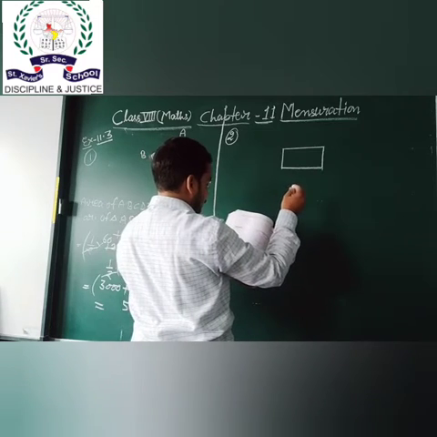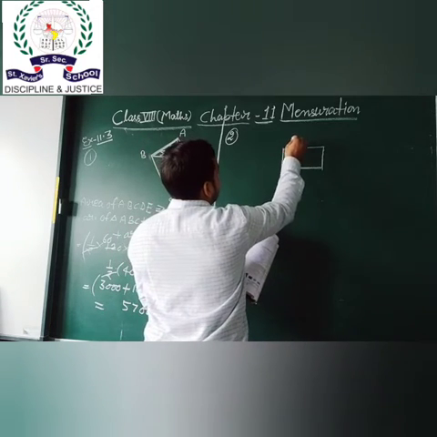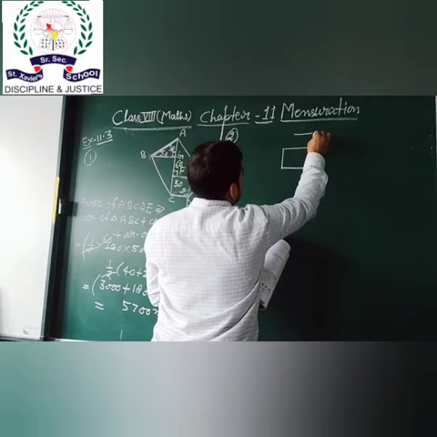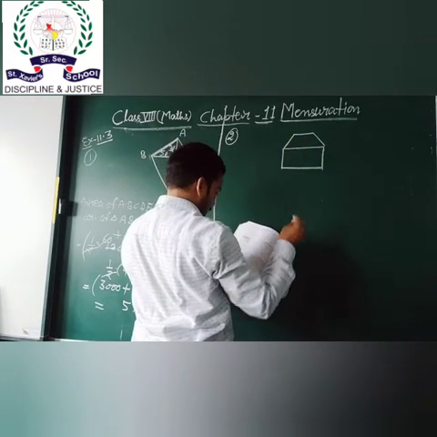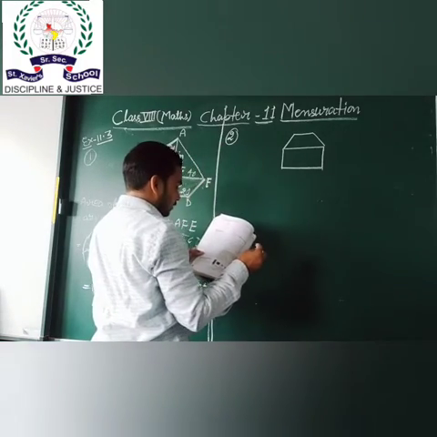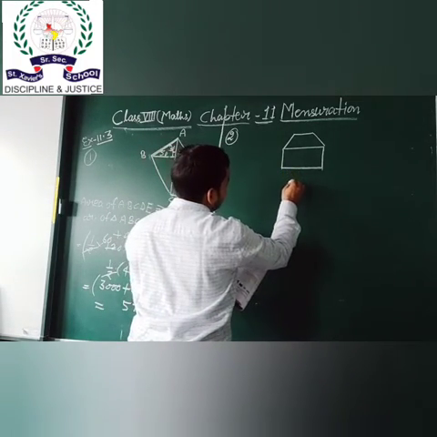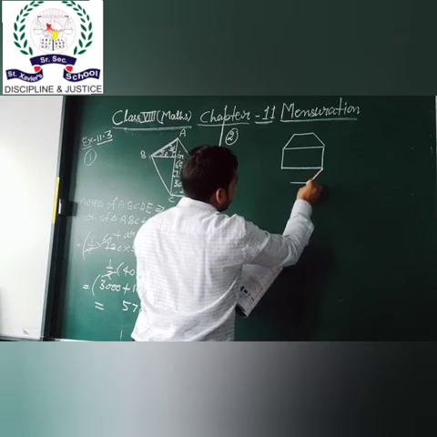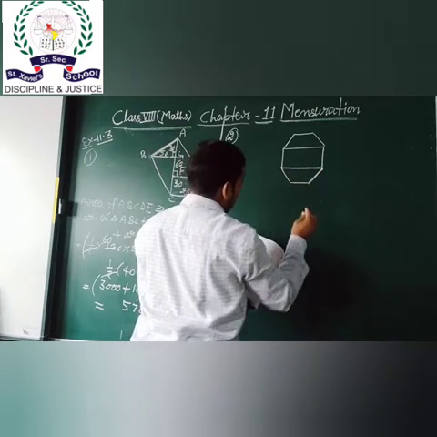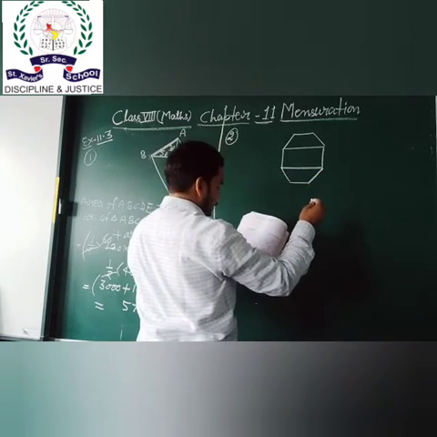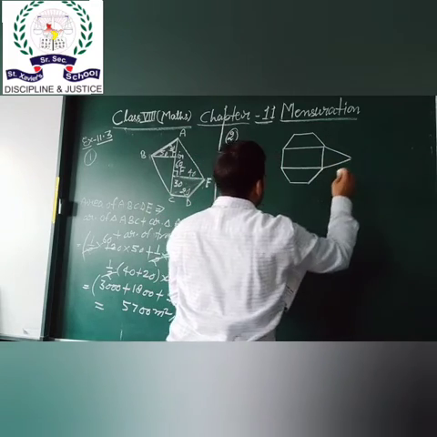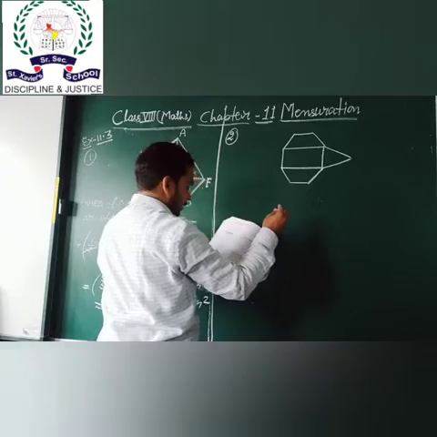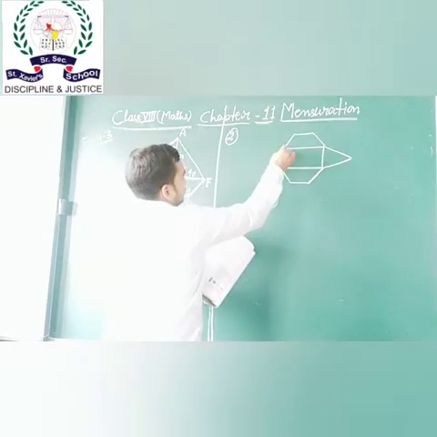ABCD is a trapezium. And IHEF is also a trapezium. DFE is a triangle. And here AIJ is also a triangle.